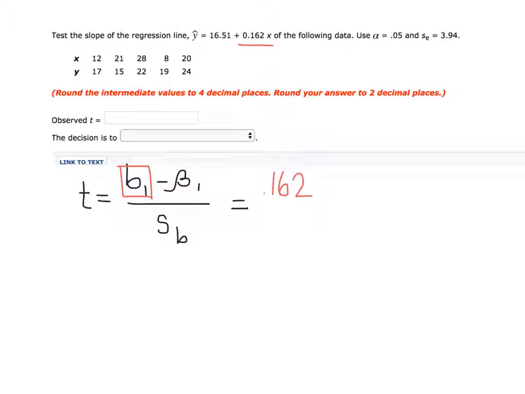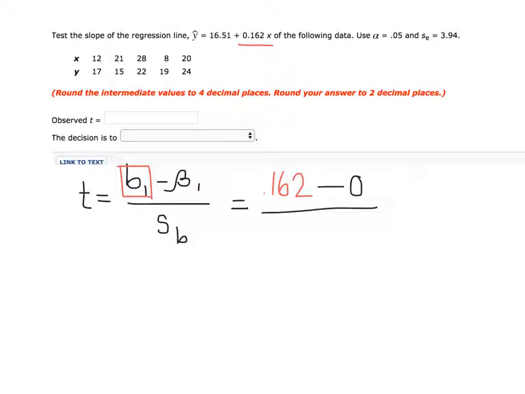Subtract the claimed slope, which in a hypothesis test with regards to linear regression and its slope is always 0. We always claim there's no relationship between these two variables. And then we have to divide by the standard error of our slope.